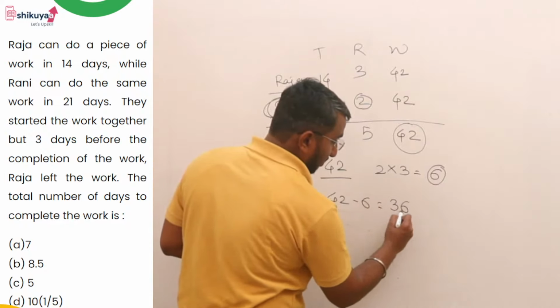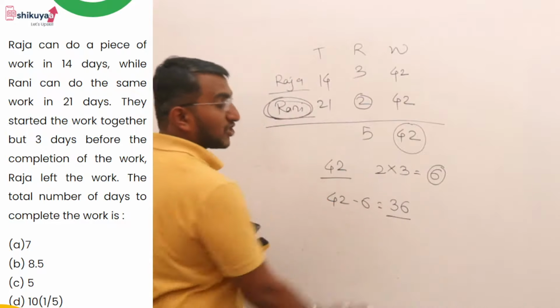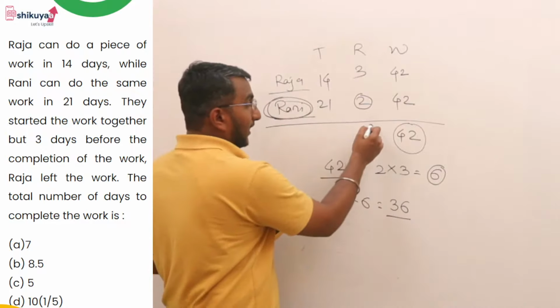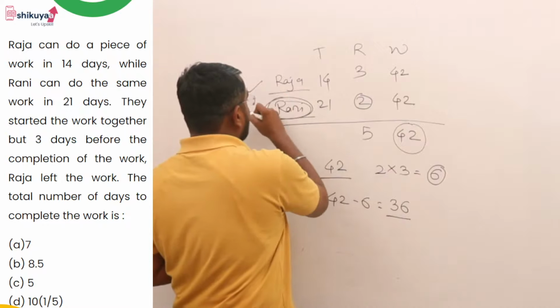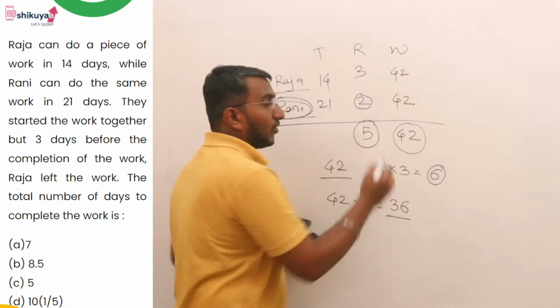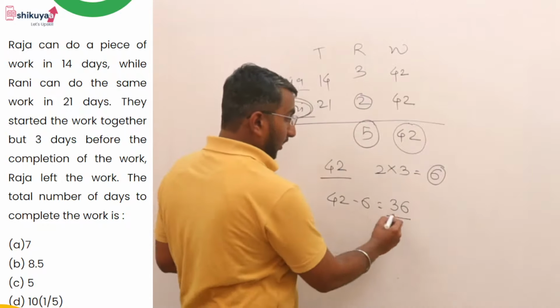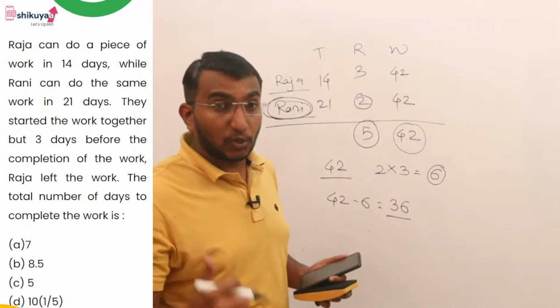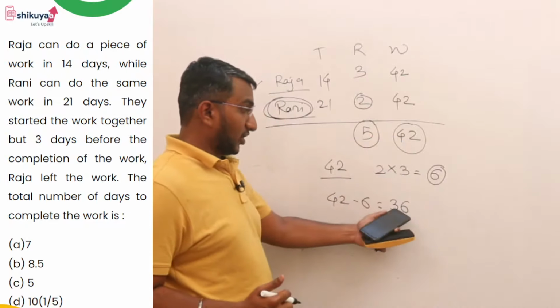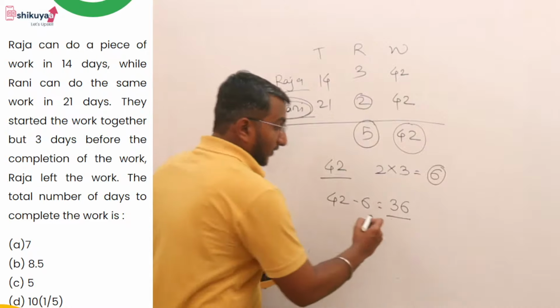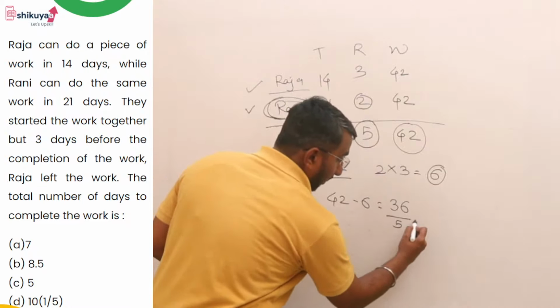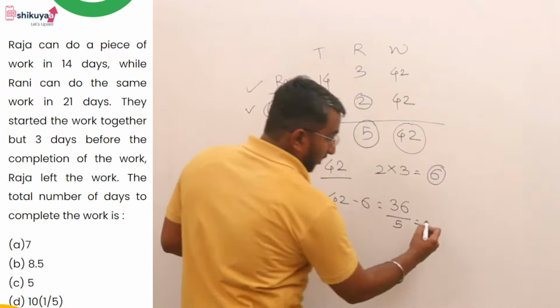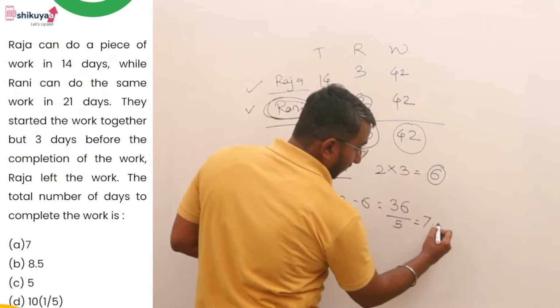36. Now this 36 units of work has been completed by both of them, that is Raja and Rani, with the rate of 5. So how many days might they have taken to complete this 36 units of work? 36 divided by 5. How much is it? It is 7.2.